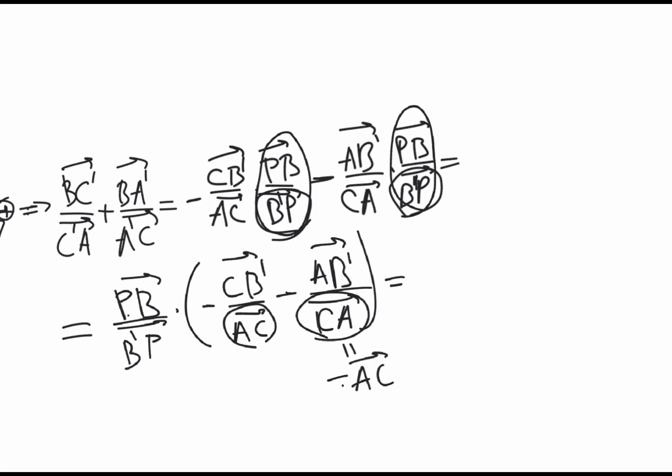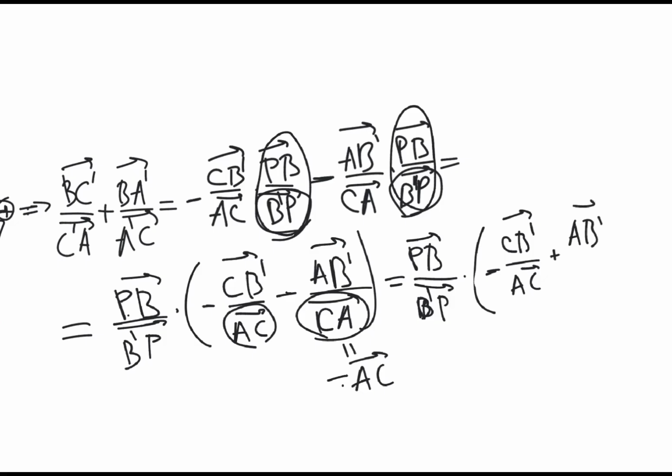So what we have is PB over B prime P multiplied by, here, minus CB prime over AC plus AB prime over AC, right? We replaced vector CA with minus AC.